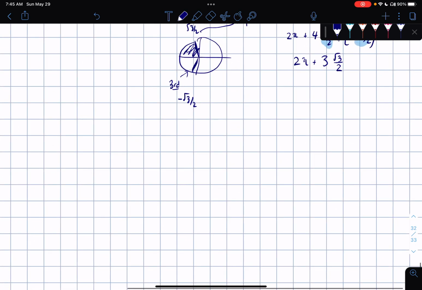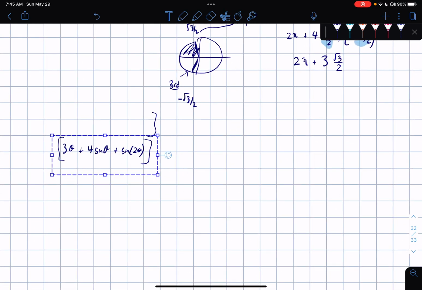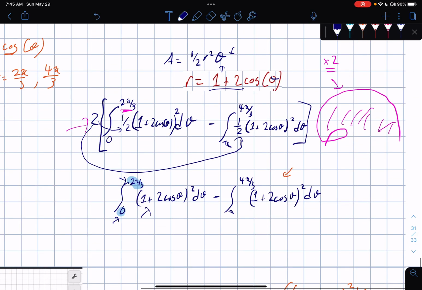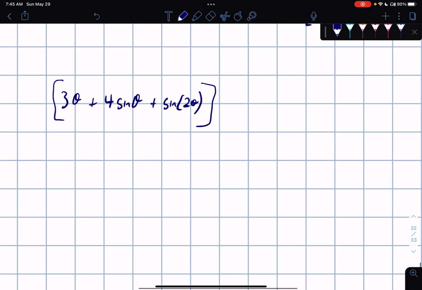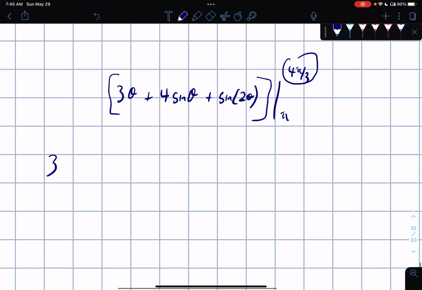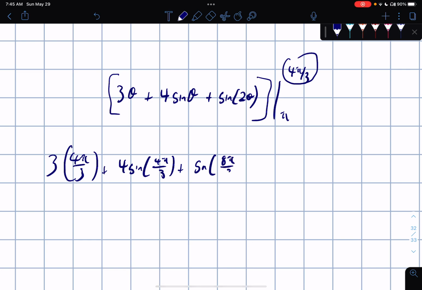Let's do the same thing with these bounds of integration. So it's pi to 4 pi over 3. You plug in this one first: 3 times 4 pi over 3 plus 4 sine 4 pi over 3 plus sine of 8 pi over 3. Yeah.